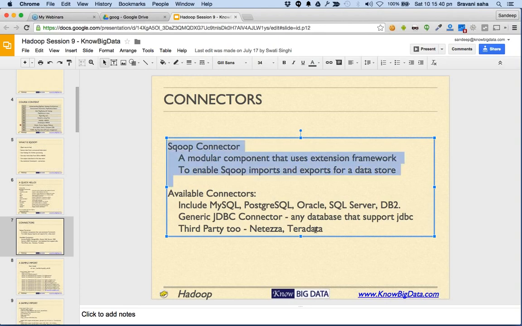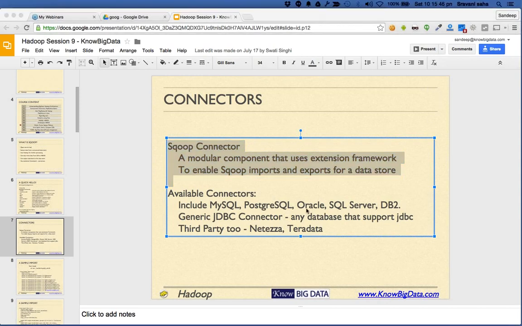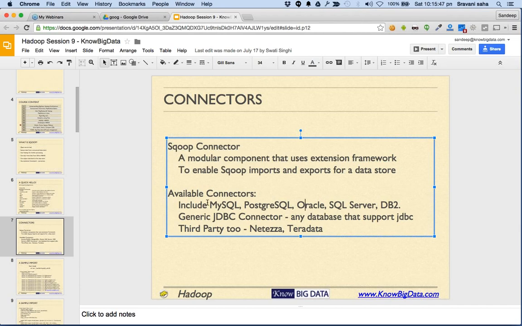Now, the Sqoop connector is basically a modular component. As of today, almost every relational database which has JDBC connectivity, meaning there is a Java driver for it, Java Database Connectivity, is covered.